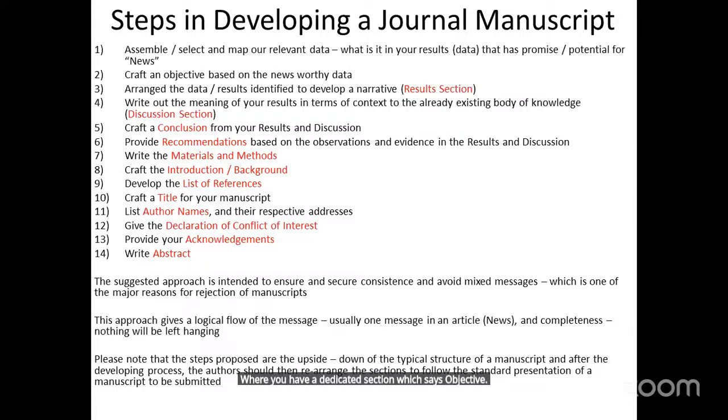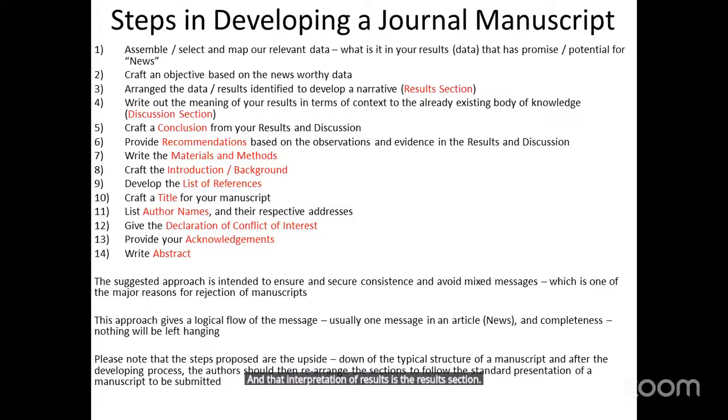Now, once you have the objective and you've arranged the data, you now start the process of writing the narrative. And that narrative about your data is what we call interpretation of results. And that interpretation of results is the results section.